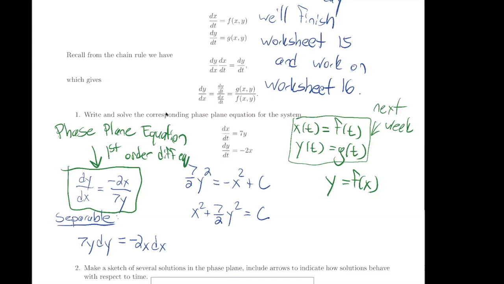Okay. So in this case, it is separable. I'll skip the details of the calculation, but we could separate it over here. We can integrate both sides. And then the best we can do is get an implicit solution over here.